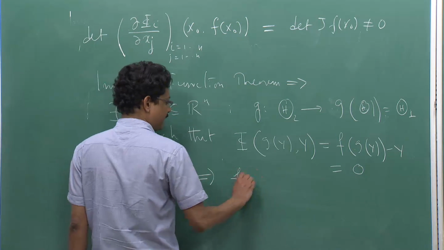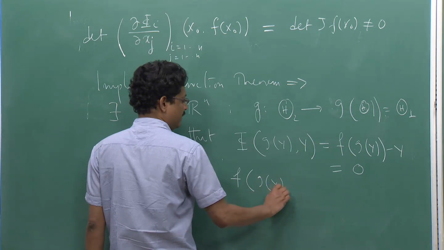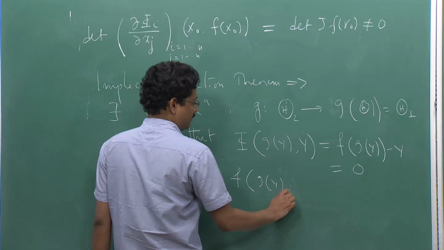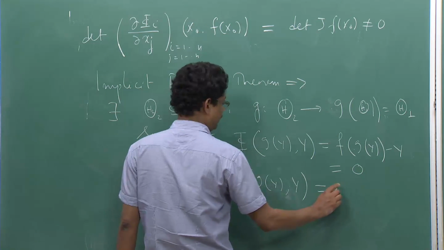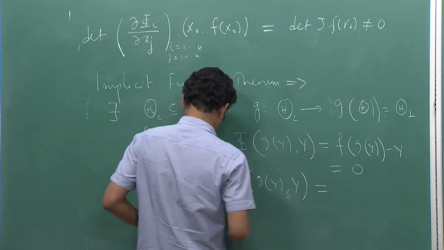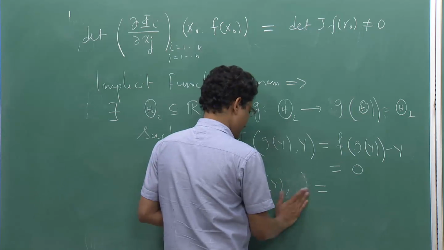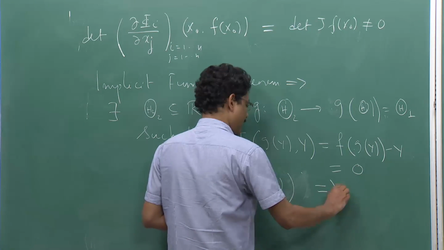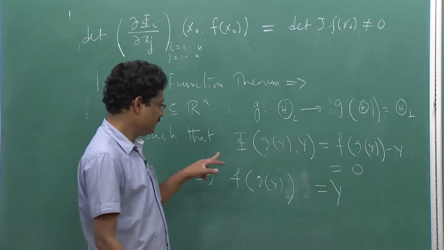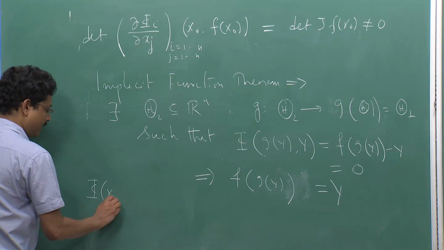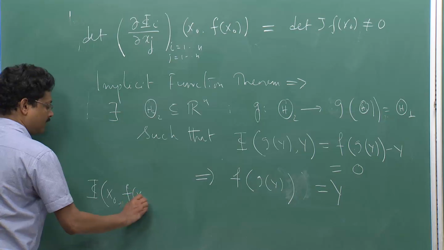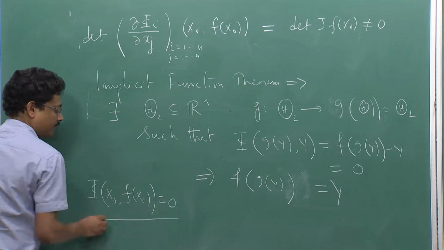So, that gives f(g(y)) equal to y. How did I use the implicit function theorem? See, I had phi of (x naught, f x naught) equal to 0, so I am applying it to this.